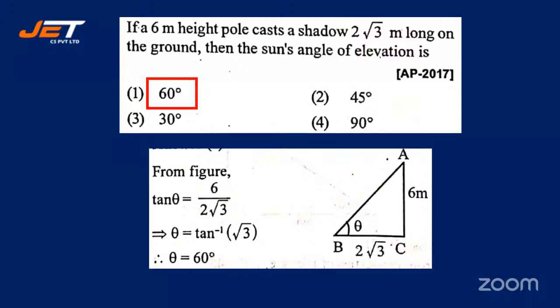I'm just explaining for you only. So tan theta is opposite side by adjacent side, so 6 by 2 root 3. Therefore, theta is equal to tan inverse of, when you cancel 6 by 2 root 3, we get root 3.